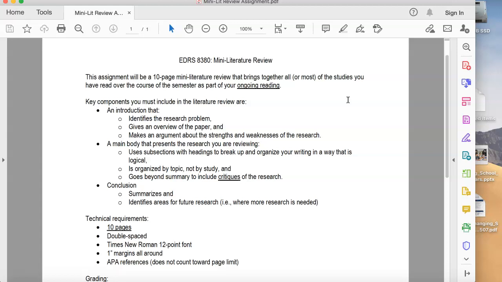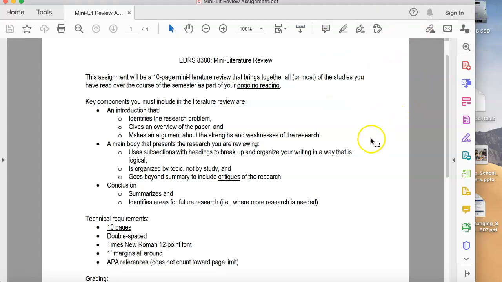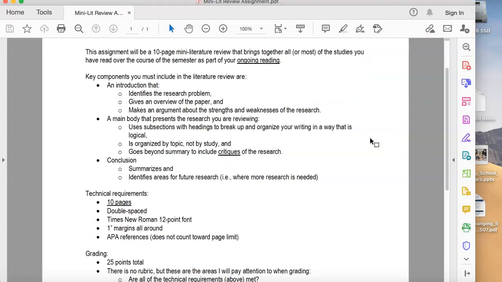Summary and synthesis. So what do we take away from this? Where are we left? We will talk more about what it means to write a literature review later in the class. This is just the overview of the particular assignment.